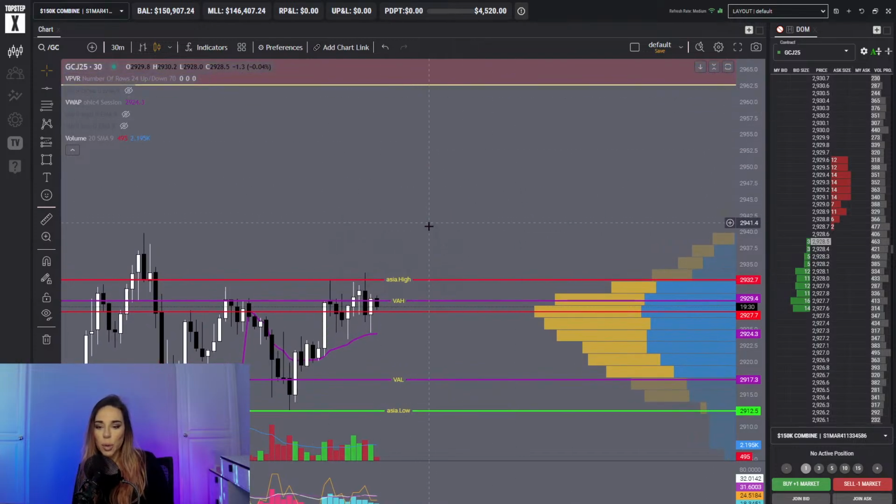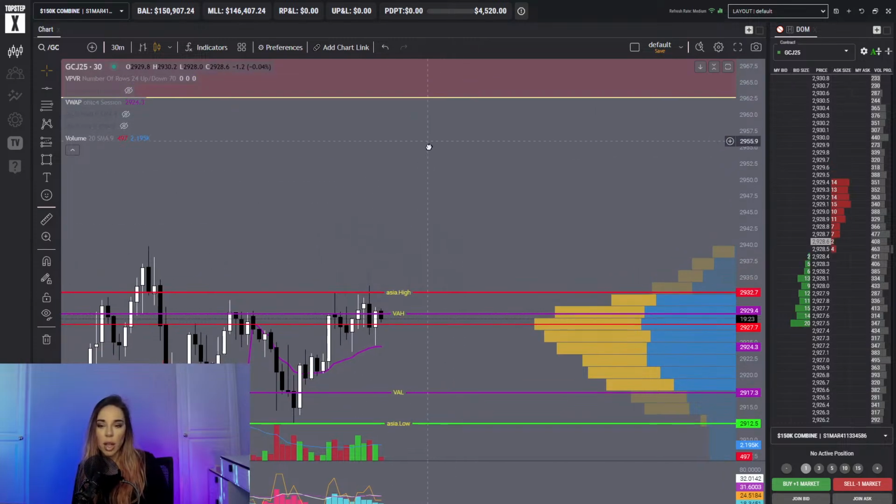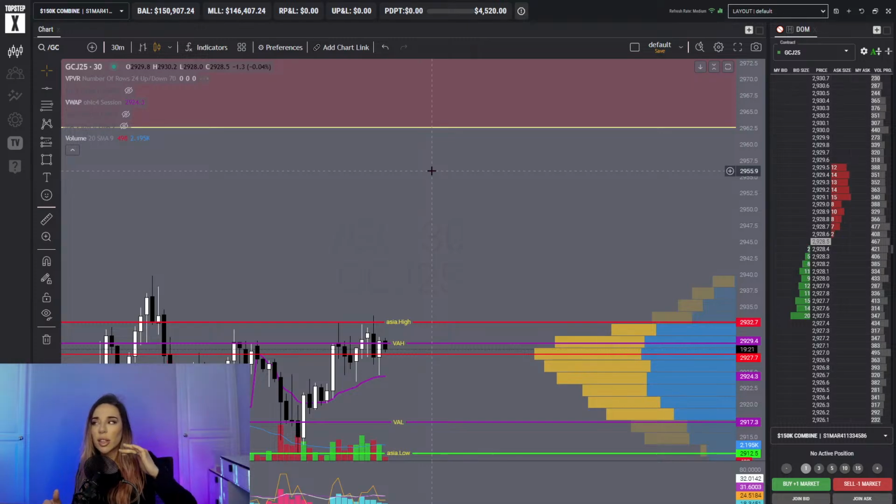So now we're opening over 1% of distance from value high, way outside. There is a caveat there that if we open above 1%, there's very small chance that we're actually going to go all the way back down to value. They might try it, but they might fail.